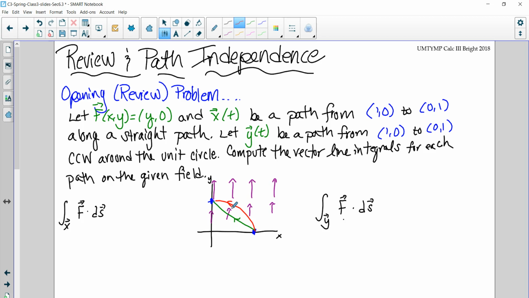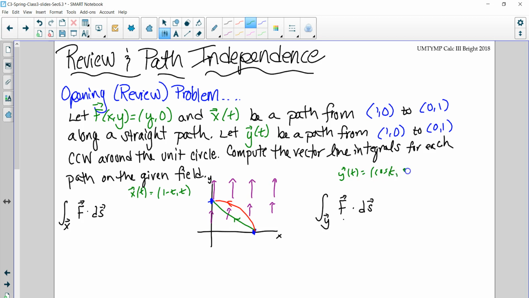Okay. Well, last week we talked about how to compute these, and we just remembered that for this formula we have to do the composition of these things, and so maybe the parameterization for x of t that we might use would be, let me write this down, 1 minus t comma t, okay, and then for y, unsurprisingly, we're going to use the parameterization cosine t, sine t.